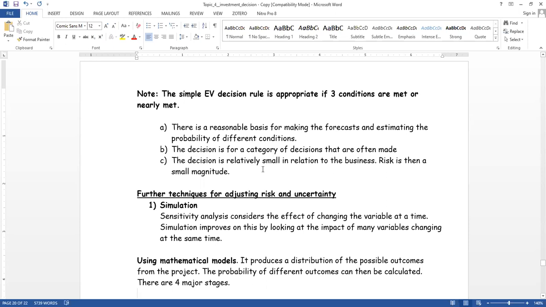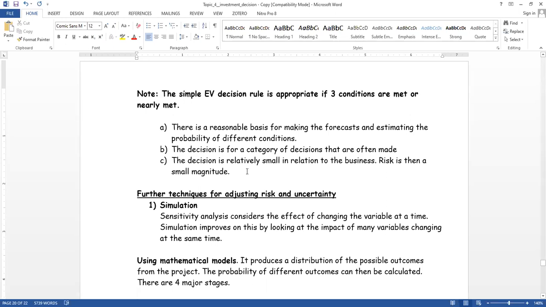Because if it is a one-off decision, then sometimes assigning probabilities becomes a little bit difficult. But if it is a decision that you've often undertaken, then it becomes easier.